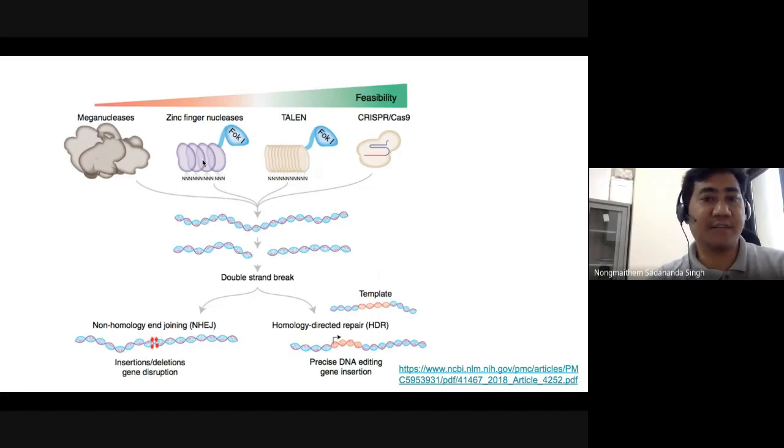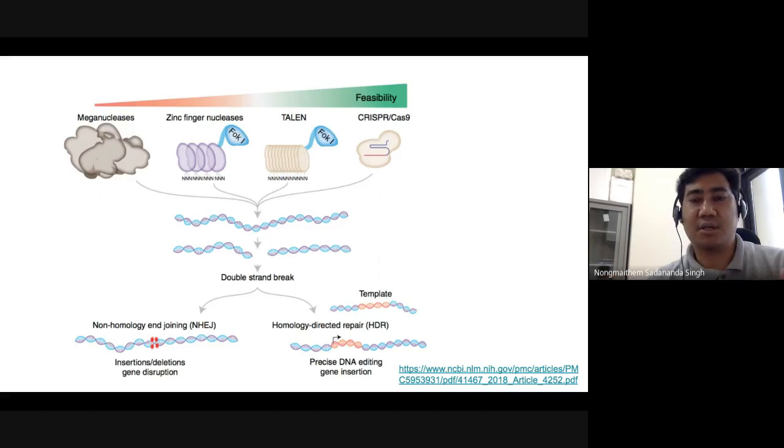The first one was the zinc finger nucleases, and the second one is the TALEN. As we talked about in other classes also, zinc finger nuclease engineering was very, very tough, and you have to design a big protein for targeting a particular site. It was very difficult and costly. Then around 2010, I think 9-10, TALENs came. TALENs is a little bit modular, but still it requires around 20 amino acids to recognize a triplet.